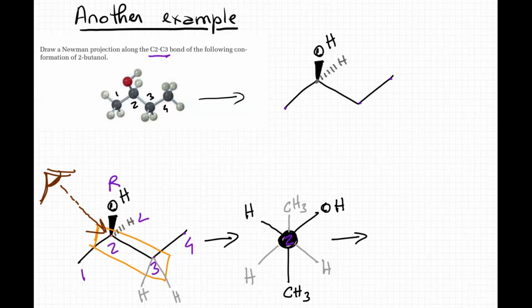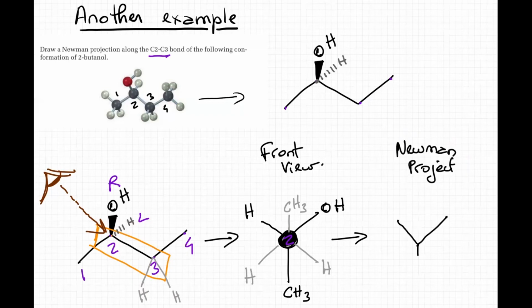But some people will want to go from this to the Newman projection that we will be drawing. By the way, that's the front view that I'm seeing, that the brown eye is seeing, right? So Newman projection, quickly, the front should remain the same.